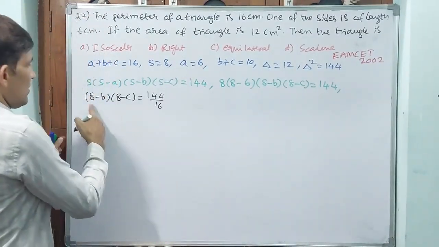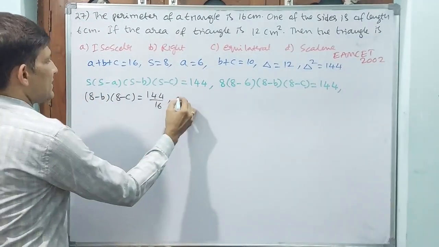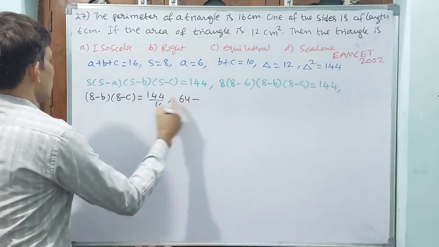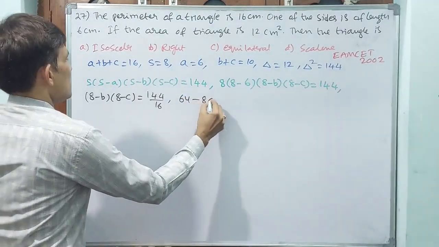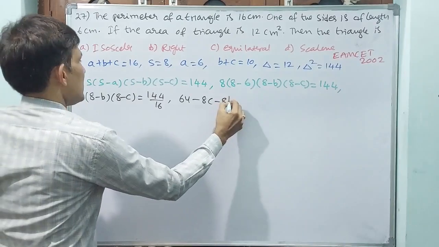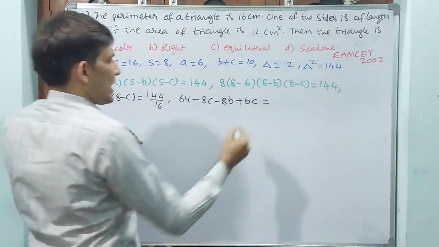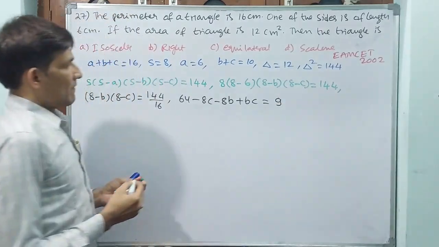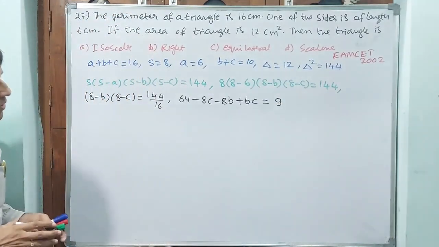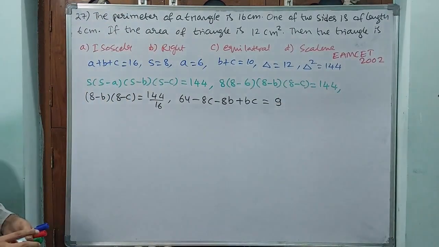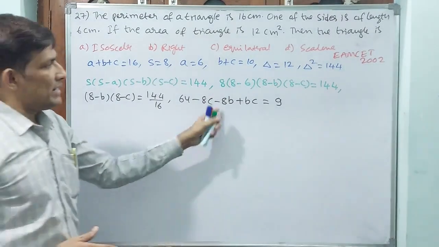Now you expand this. 8 square means 64 minus 8c minus 8b plus bc is equal to 9. Now see these two minus, you send that side.